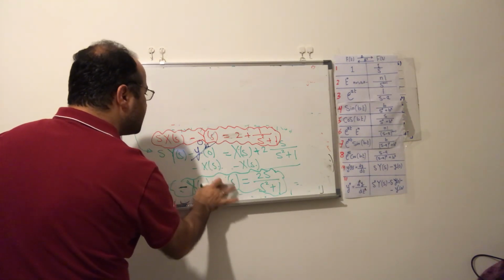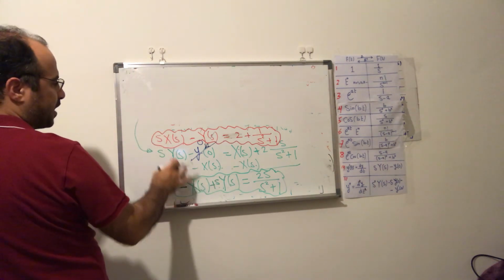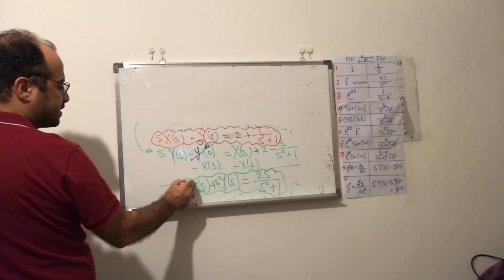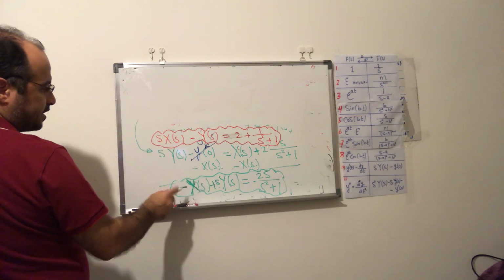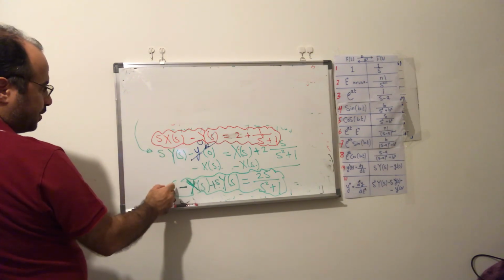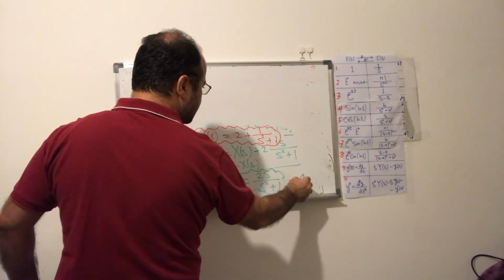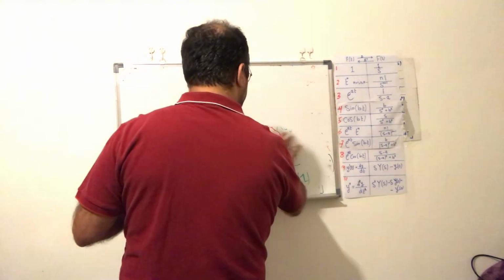So I need to keep them in the same order. It's better to keep them in the same order so that you can track your work. So we have minus X(s), and we have here s X(s). Now this is equation number 2, and this is equation number 1, right?